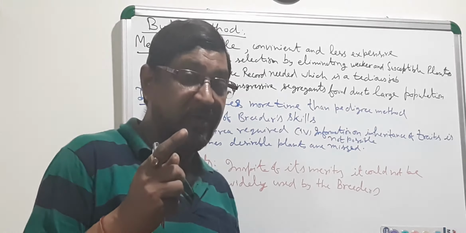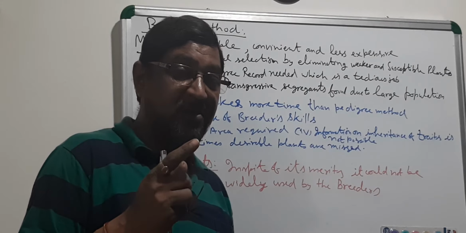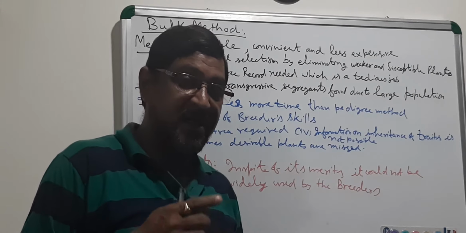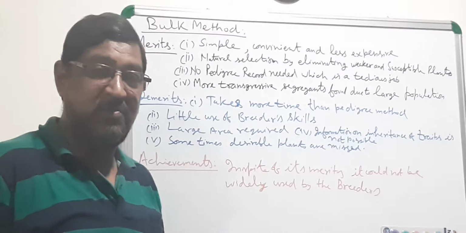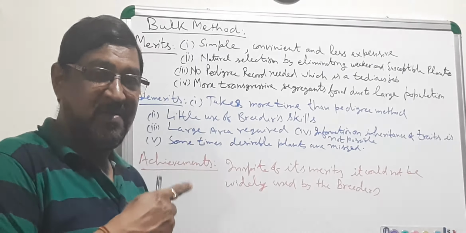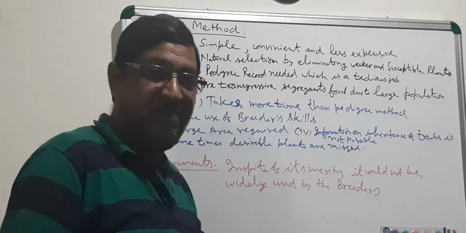So this is also a great disadvantage or demerit of this method, that you may lose your very good material, very good plant, very good transgressive segregants by applying this method of selection.